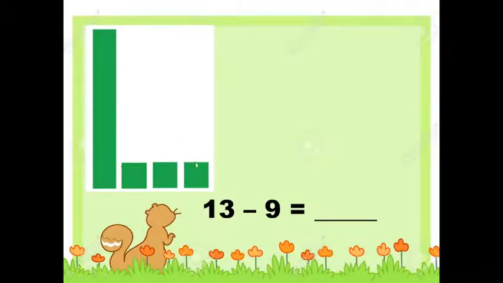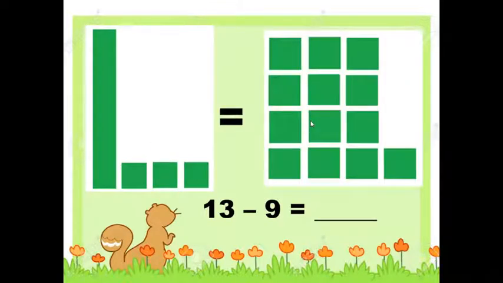Then we will add the 3 ones. It would become 13 ones. Now, we have the 13 ones. Can we subtract or take away 9 using these place value blocks? A big yes. So let's start crossing out 9.